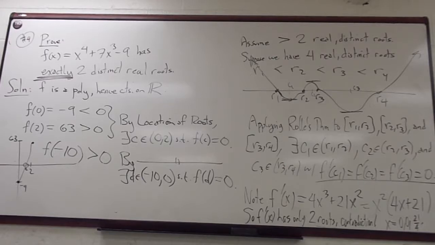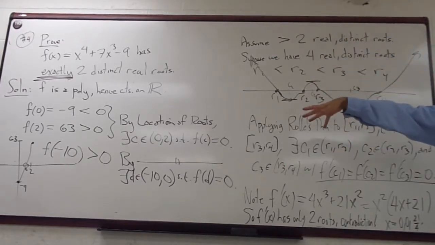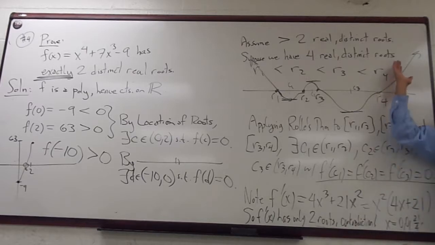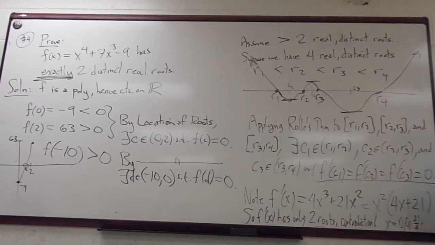So I like this problem a lot because it uses the chapter 4 material on the intermediate value theorem in the first part, and it uses Rolle's theorem, which is just a special case of the mean value theorem, on the second part. The only thing required is this sort of outside knowledge about complex roots coming in pairs. But beyond that, it's really a pretty good way to apply material from 2 different parts of the course.